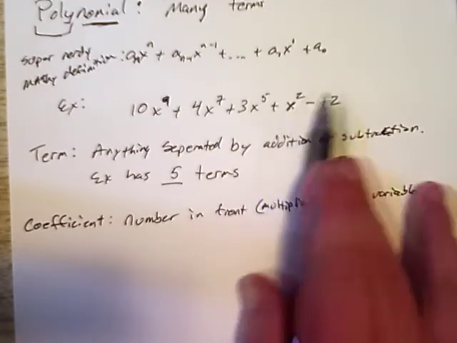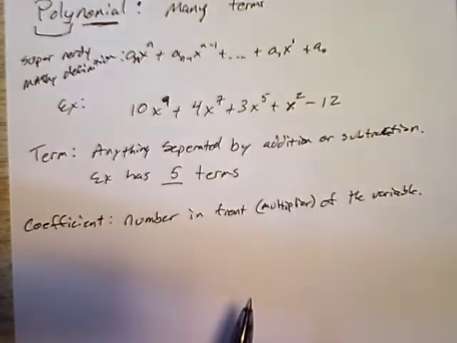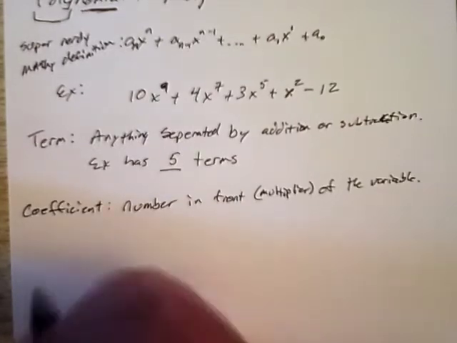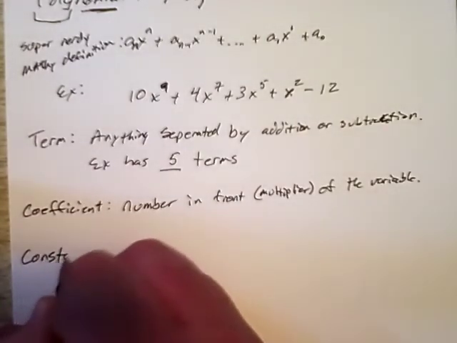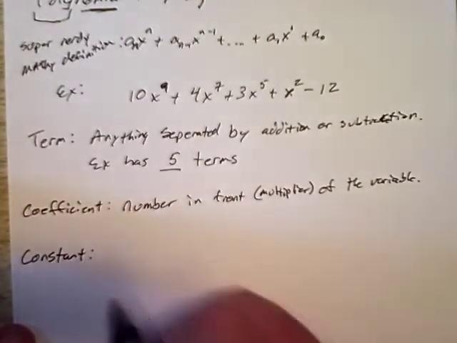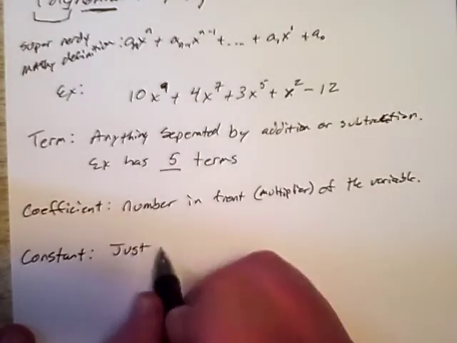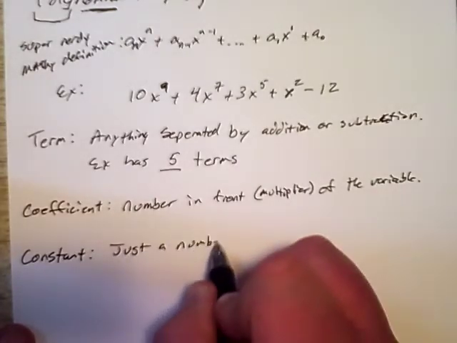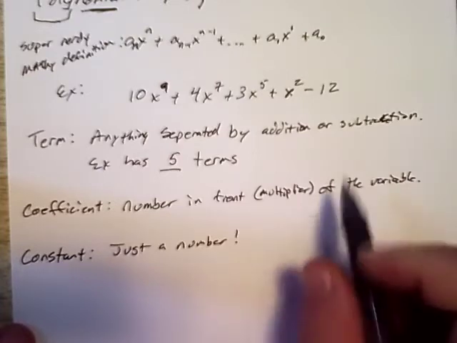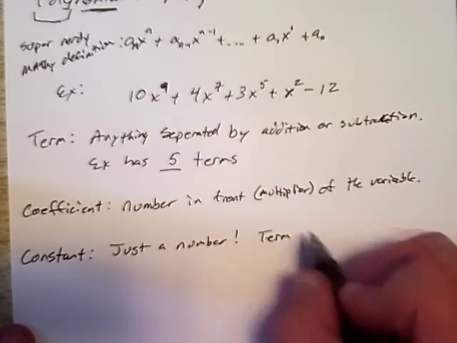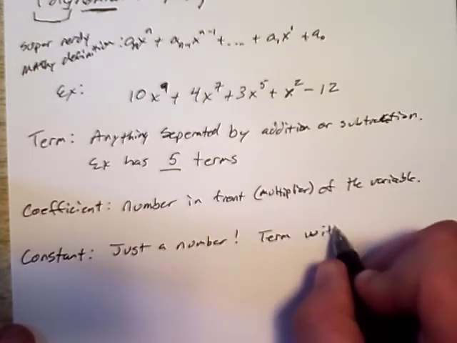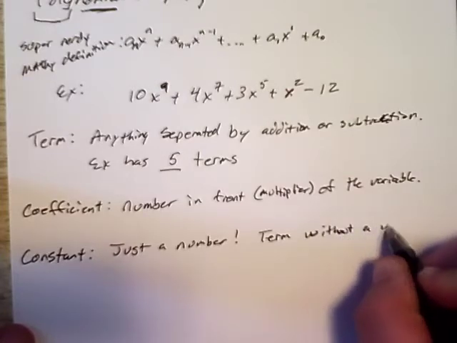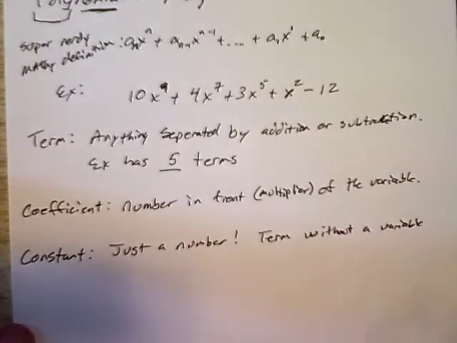And this is technically not a coefficient. It's called a constant. This is just a number, a term without a variable. So let's take a look at our example here.